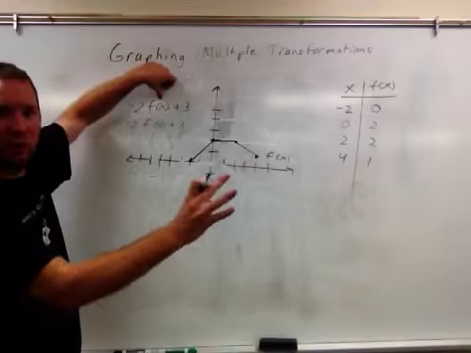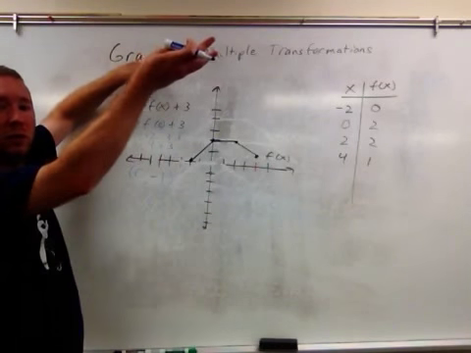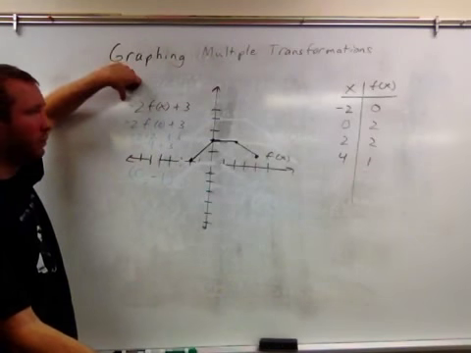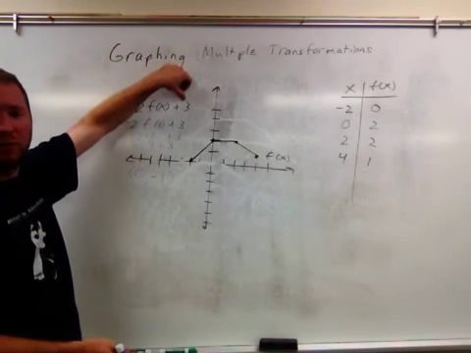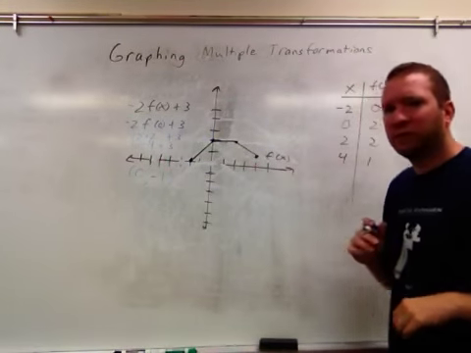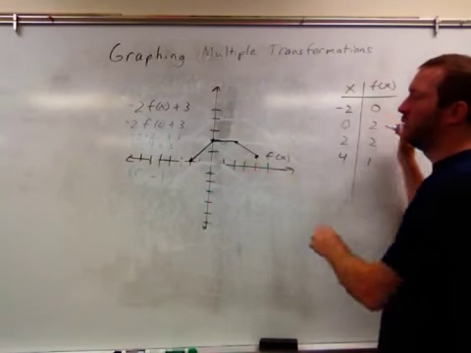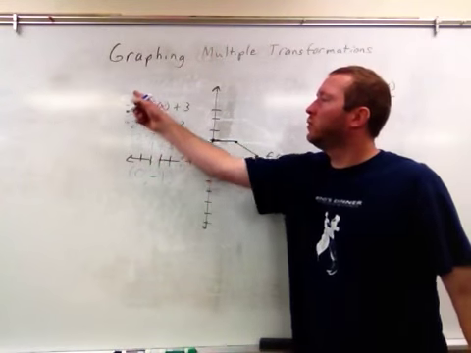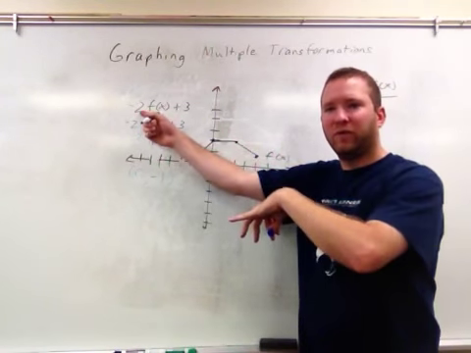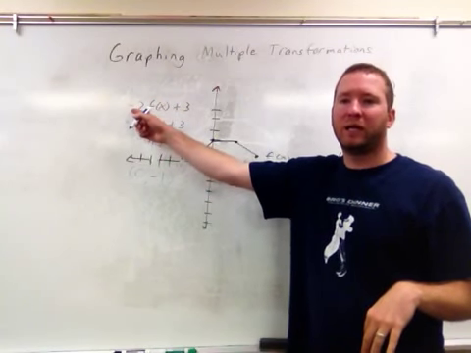Nothing to the x, so no horizontal shift. Doubling the y's, so the y's get doubled. Reflecting the y's, okay? And then adding 3 to it. Let's see how that kind of relates over here. So when I put in 0, first thing I'm going to do is multiply really by negative 2. I could multiply by 2 and then flip it, but really what I'm doing to the y's, to f of x, is multiplying by negative 2.